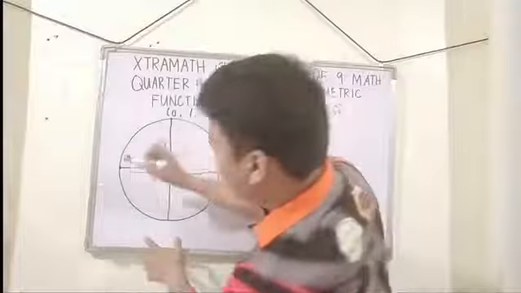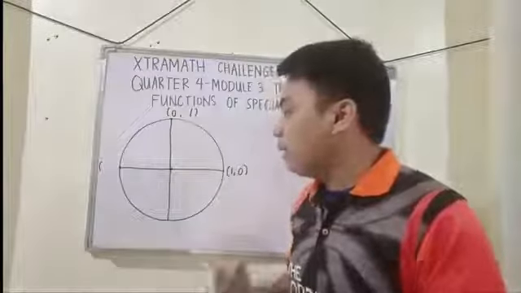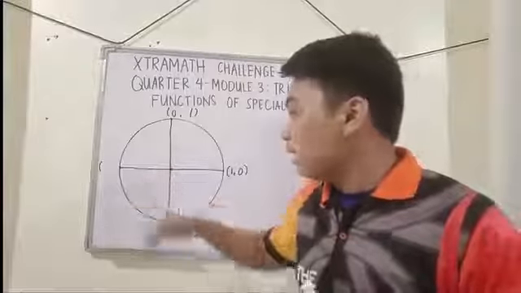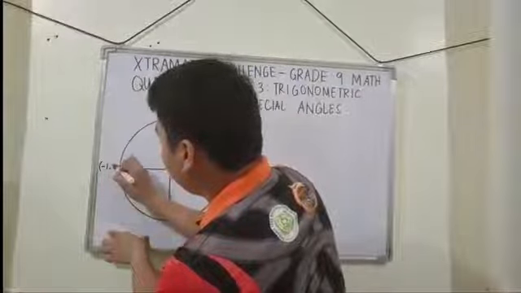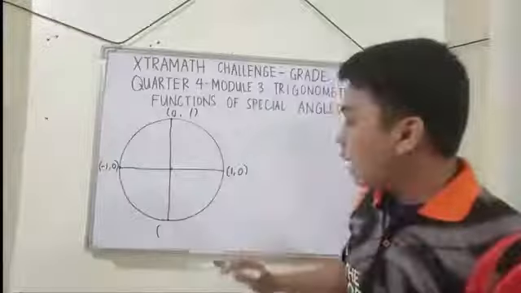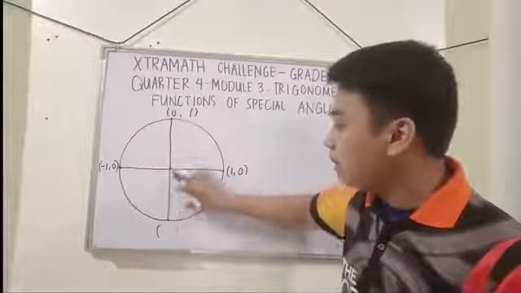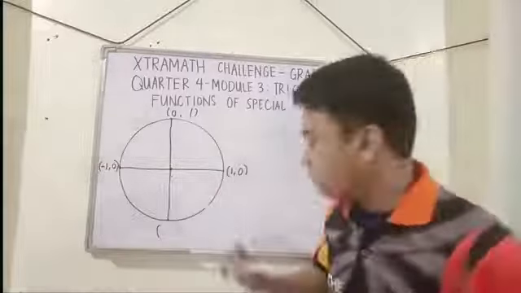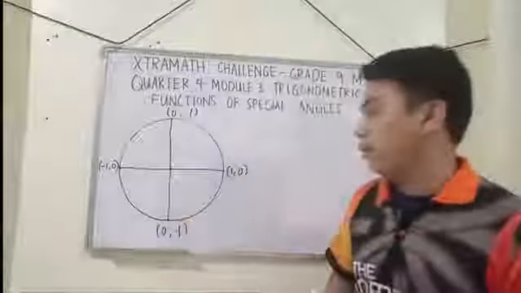That means the x-coordinate must be equal to negative 1, and the y-coordinate is 0. And for this point, this is the negative y-axis. That means the y-coordinate must be equal to negative 1, and the x-coordinate is equal to 0.